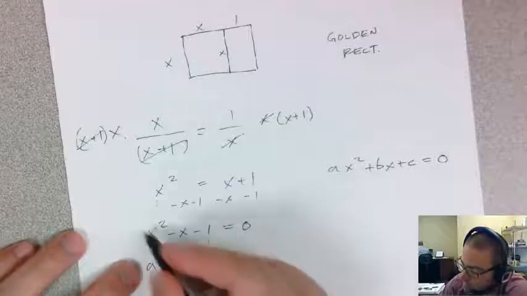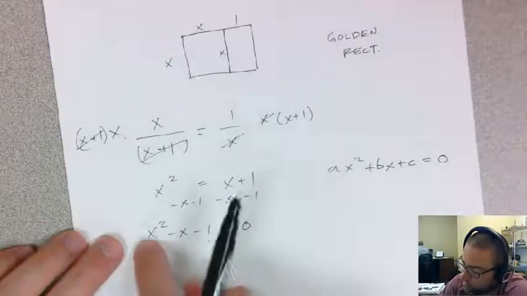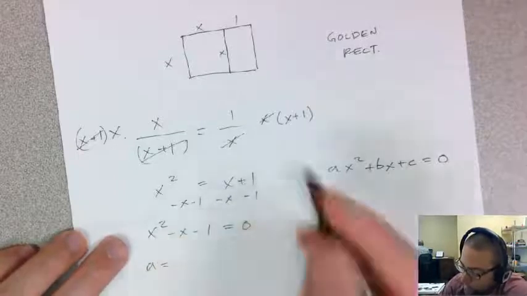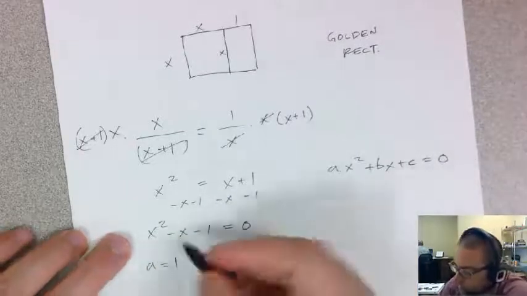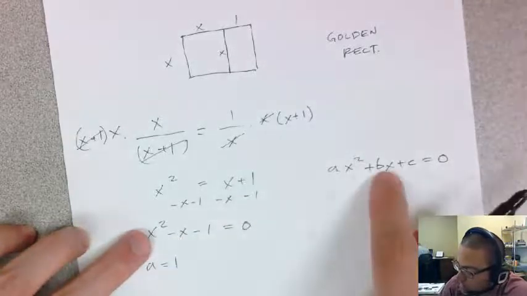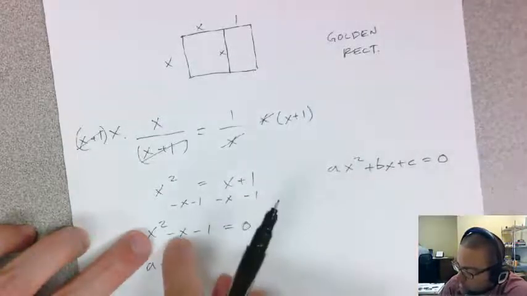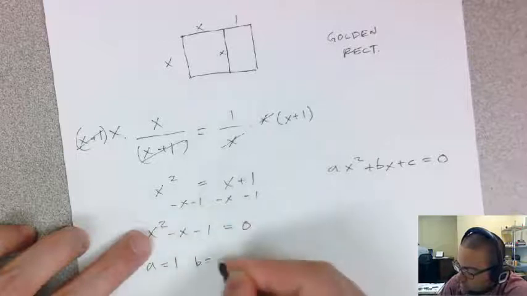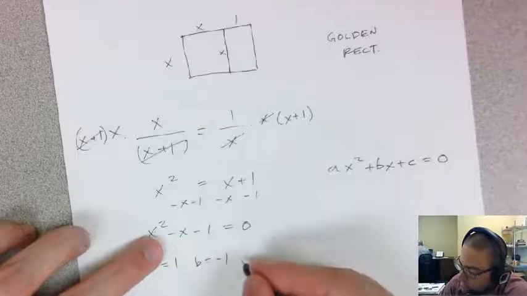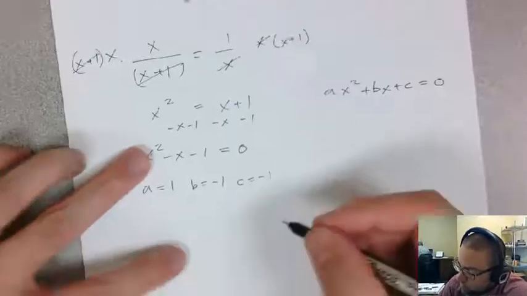So a equals 1. You don't see it there, but the multiplier on x squared is just a 1. And the multiplier on the x is actually minus 1, so b is minus 1, and c is also negative 1.